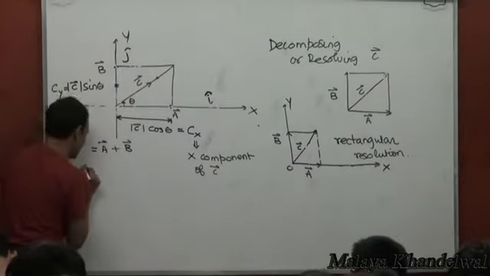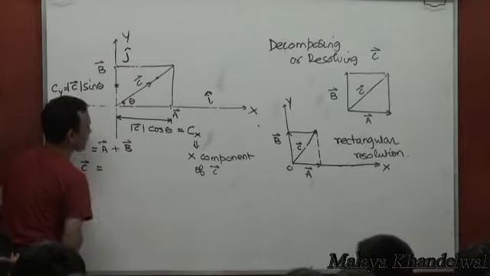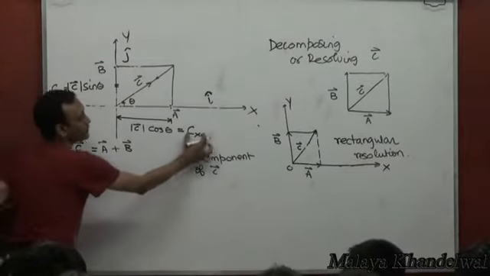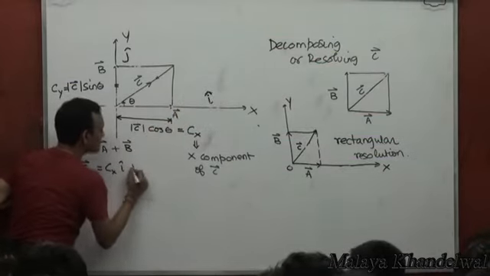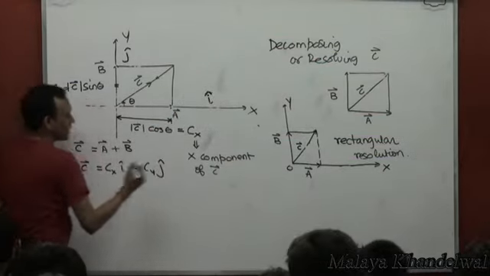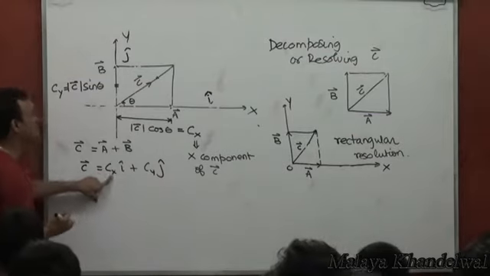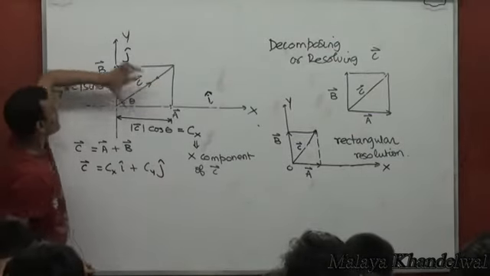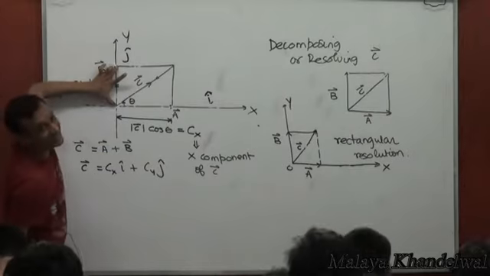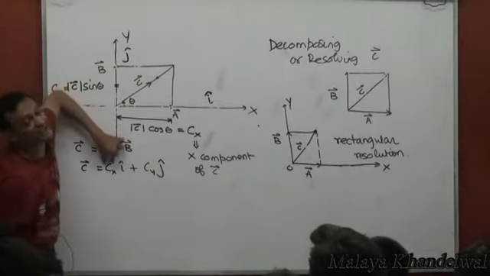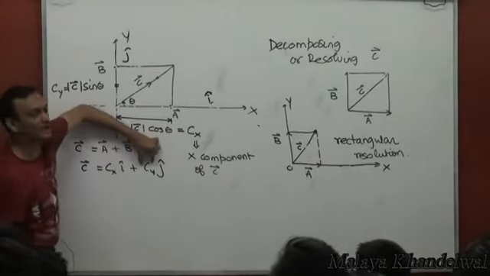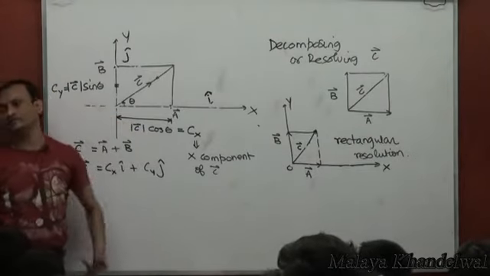So then C could be looked upon as Cx into I cap plus Cy into j cap, where Cx is mod C cos theta, Cy is mod C sin theta. Cx is called the x component of the vector C, Cy is called the y component of the vector C.